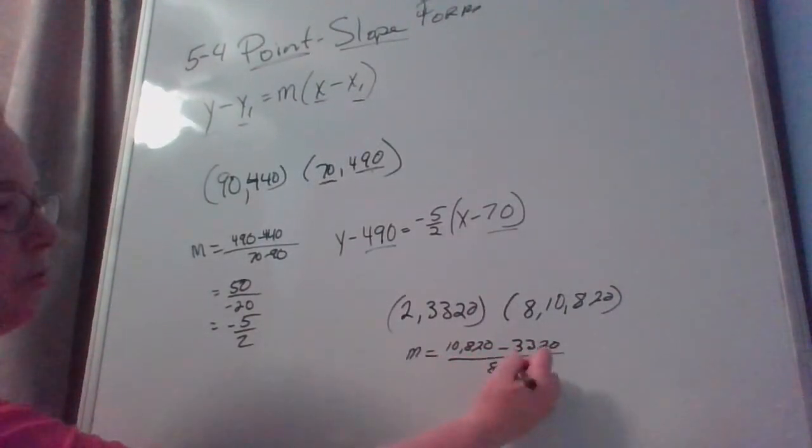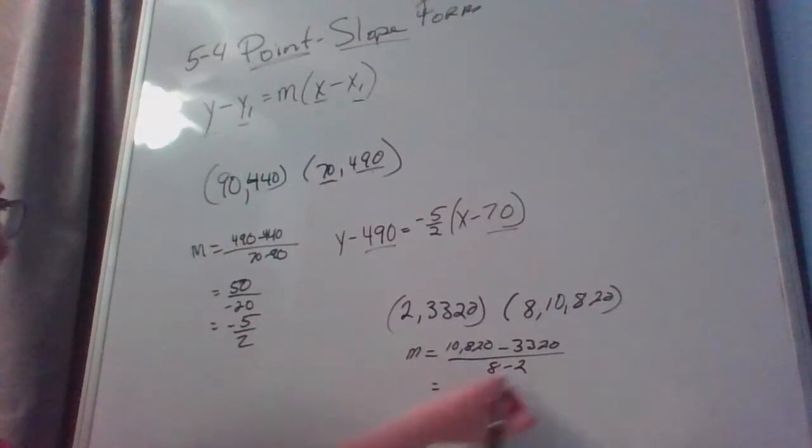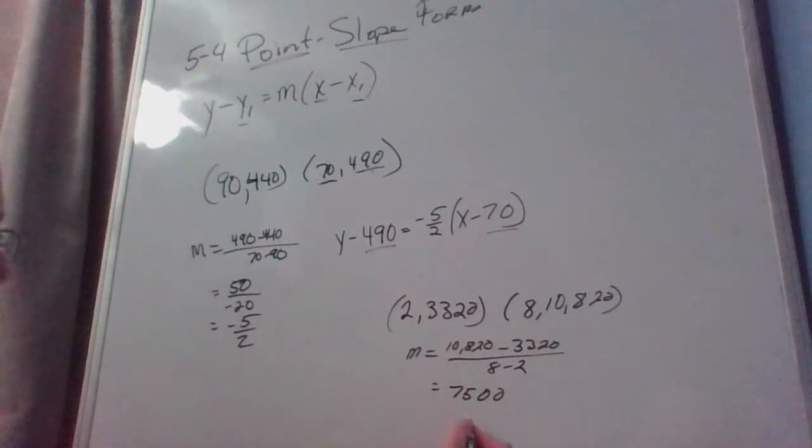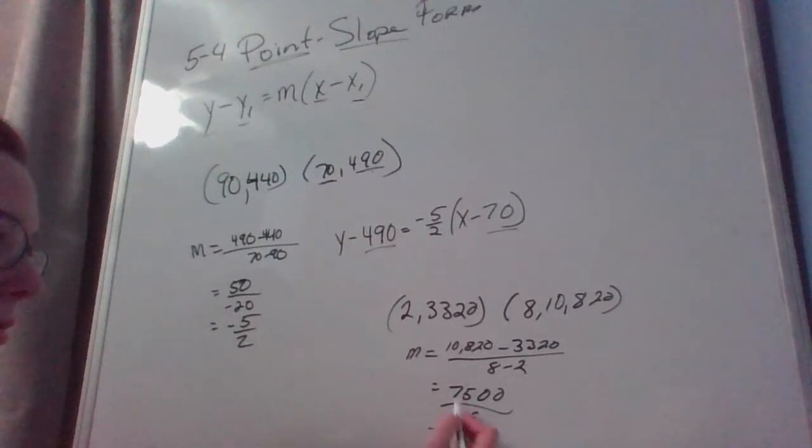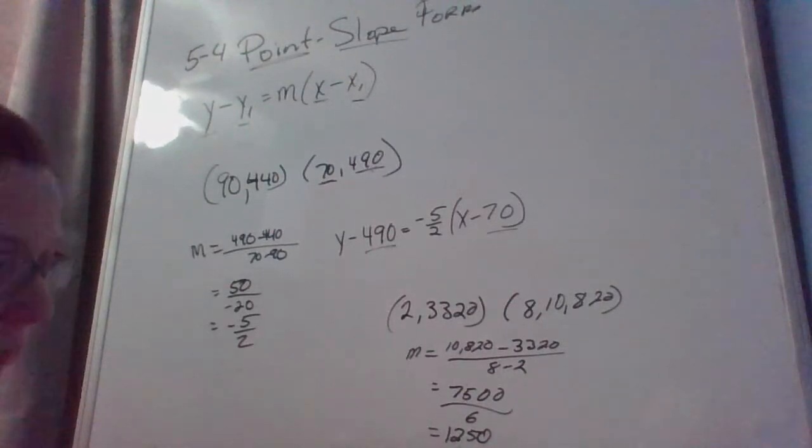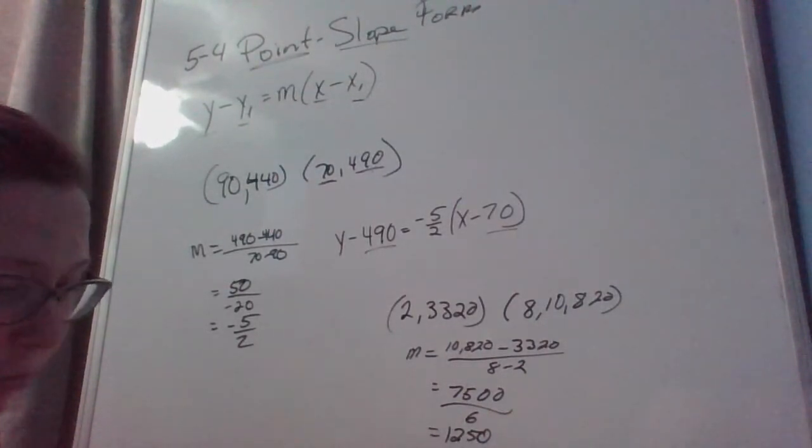Okay. 7,500 over 6, which I can reduce here. That would be 1,250 as my slope, over 1, which is just 1,250.